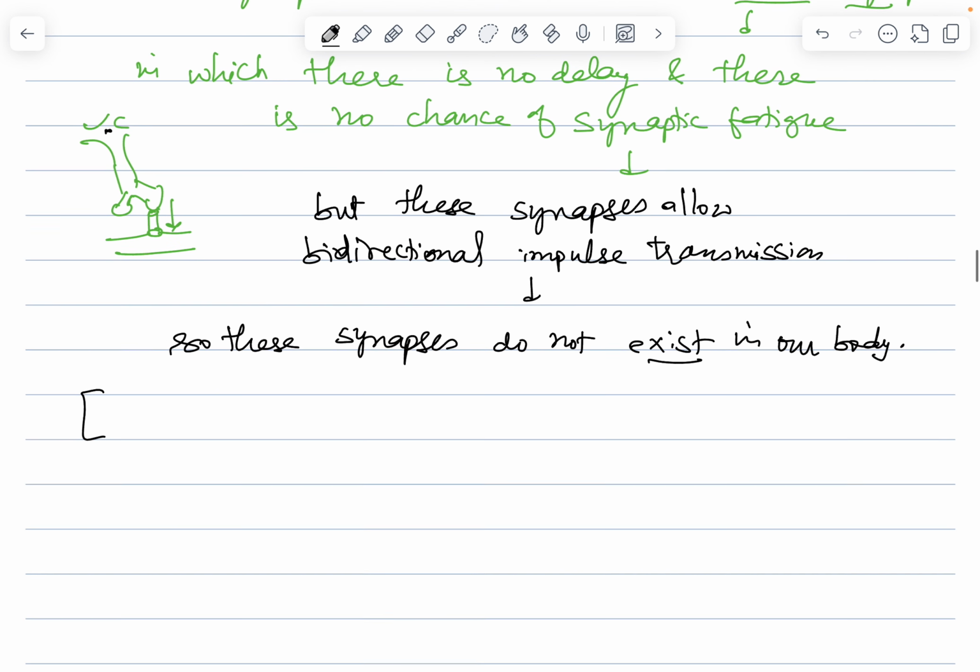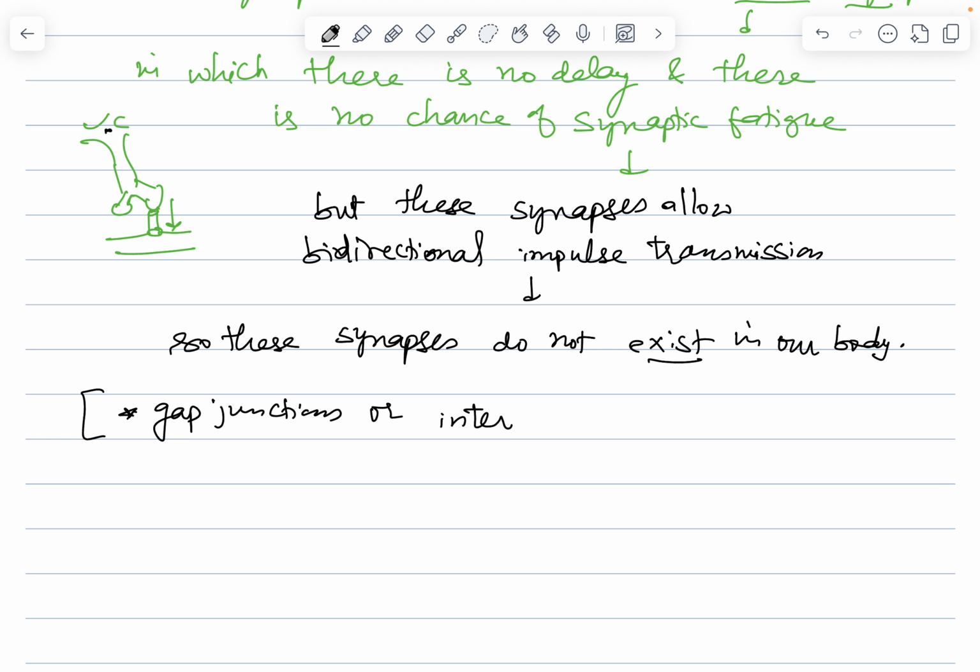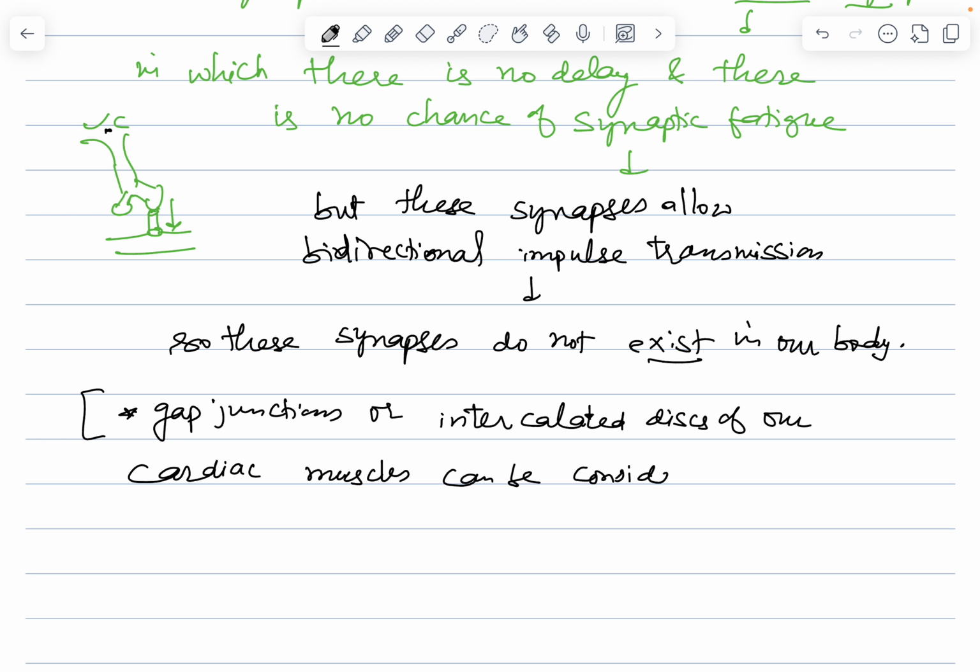So even though there are no electrical synapses between neurons in our body, the gap junctions and intercalated discs of our cardiac muscles can be considered as examples of electrical synapses in the human body.